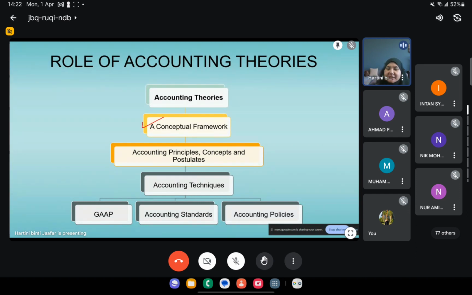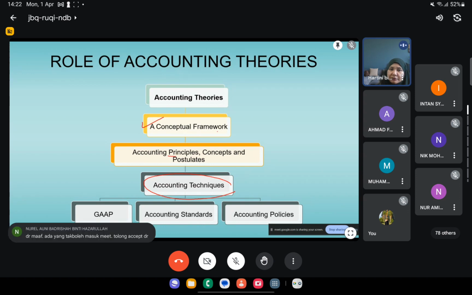So you see here accounting theory, the first that we have is our conceptual framework. Because the conceptual framework lays down all these accounting principles, accounting concepts, accounting assumptions, and it is general, but based on the principles outlined in the conceptual framework, from there we were able to propose many different accounting techniques in order to help realize these accounting principles outlined in the framework.